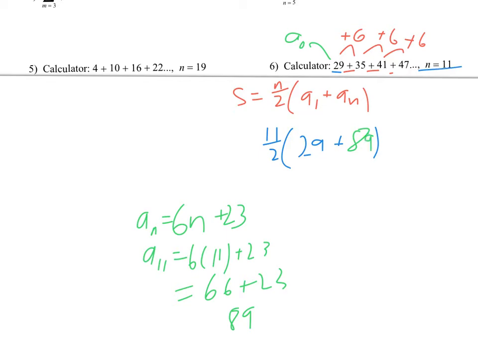Okay, so now we'll just evaluate this. I'm going to go ahead and leave this as a fraction for now, because I think these will add to an even number. So it's going to be an 8 and 118. And so now I'm going to reduce that by 2.